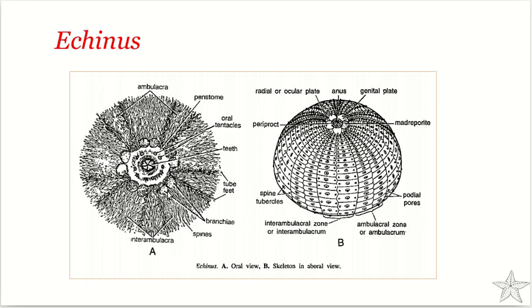Numerous club shaped ciliary structures called spheridia are found among the spines and the tube feet, and they are considered to be balancing structures.